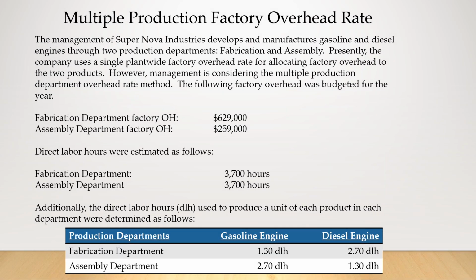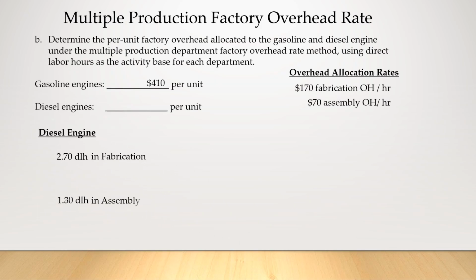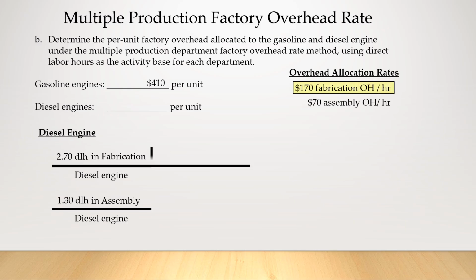Now we repeat the process for diesel engines. A diesel engine spends 2.7 direct labor hours in fabrication. Multiply that time spent by $170 per direct labor hour, and fabrication overhead allocated is $459 per diesel engine.